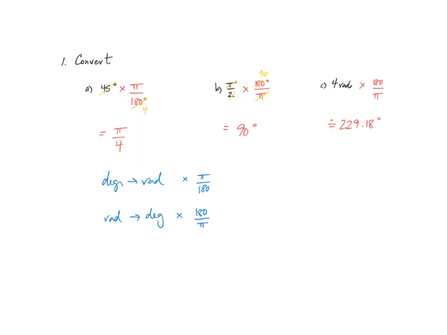Now, I'm hoping that kind of makes sense to us in terms of an approximation. When we think about our general rotation, we know that to rotate all the way around to pi means that we just rotated 3.14 rads.